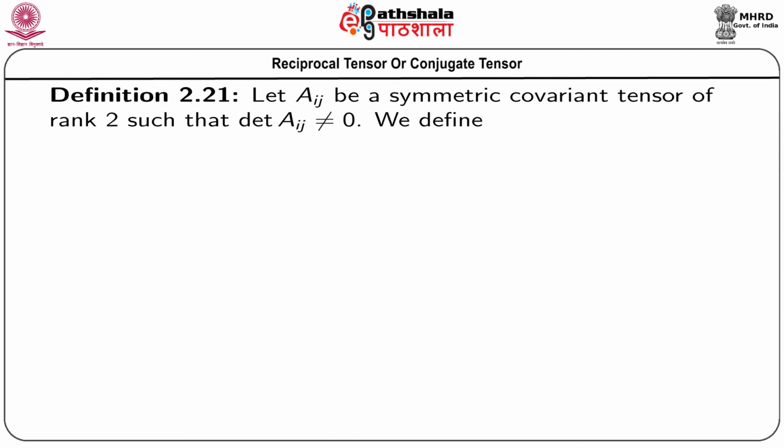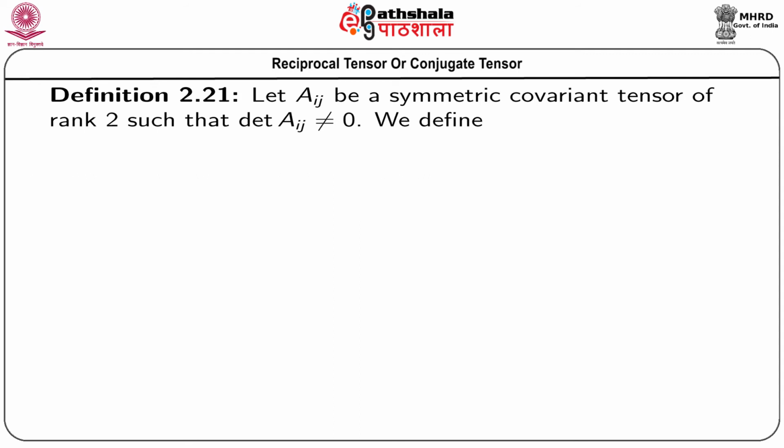Now, we define the reciprocal tensor or conjugate tensor of a symmetric tensor of type (0,2), that is a tensor of type A_ij, where A_ij is a symmetric covariant tensor of rank 2, such that the determinant of A_ij is not equal to 0.